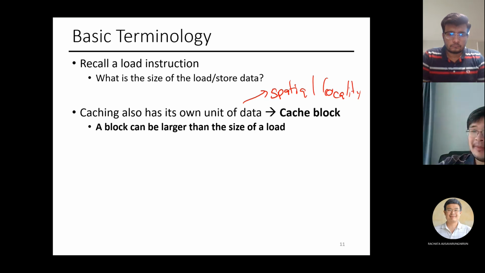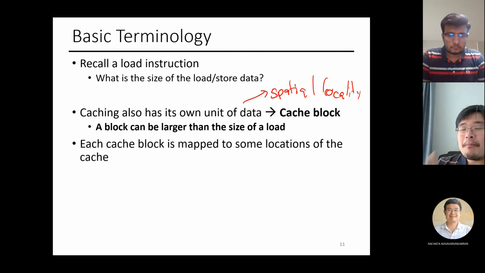If I bring in something into my cache, I bring the entire cache block. Even though I'm just accessing 1 byte, I'm going to bring in the entire thing. So the benefit of that is I'm likely to access something nearby, right? So it should be already in the cache. So the size of the cache block is typically designed so that you can take advantage of spatial locality and get more cache hits.